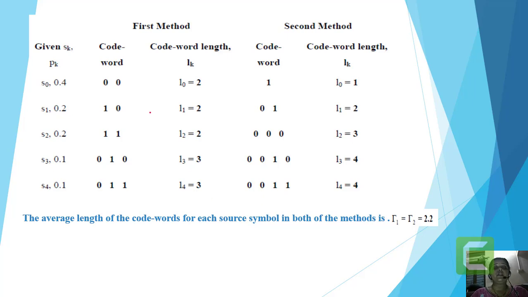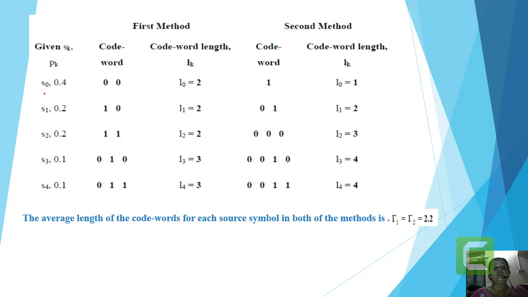Let's check that for the first symbol up to the last symbol, the code words are going to change for each of them. At the same time, the length of the code word is also going to change corresponding to each symbol.